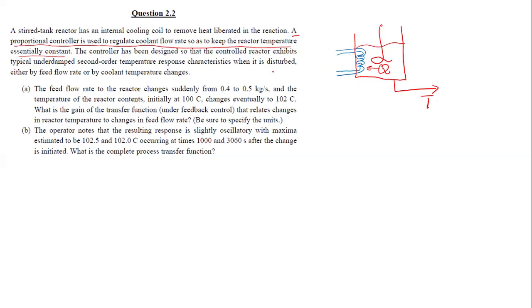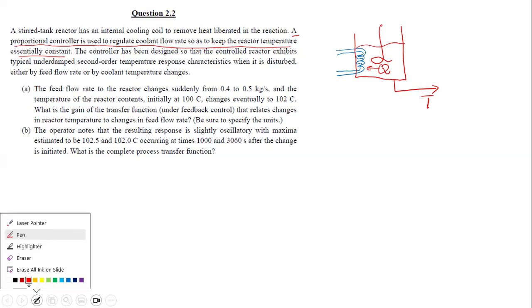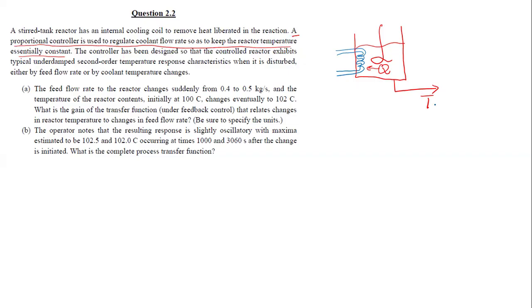How is this coolant going to be used to control this temperature at a set point? We're going to have cold water, I'll write W1. We have cold water that flows inside of the coil.